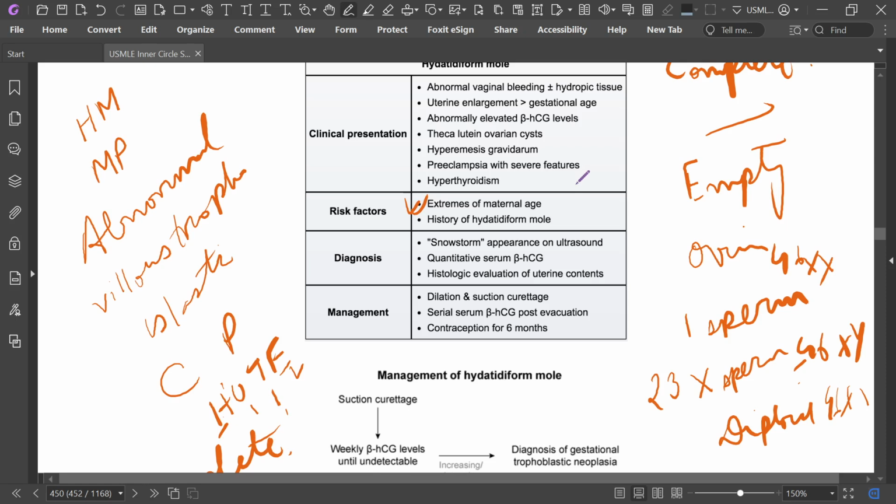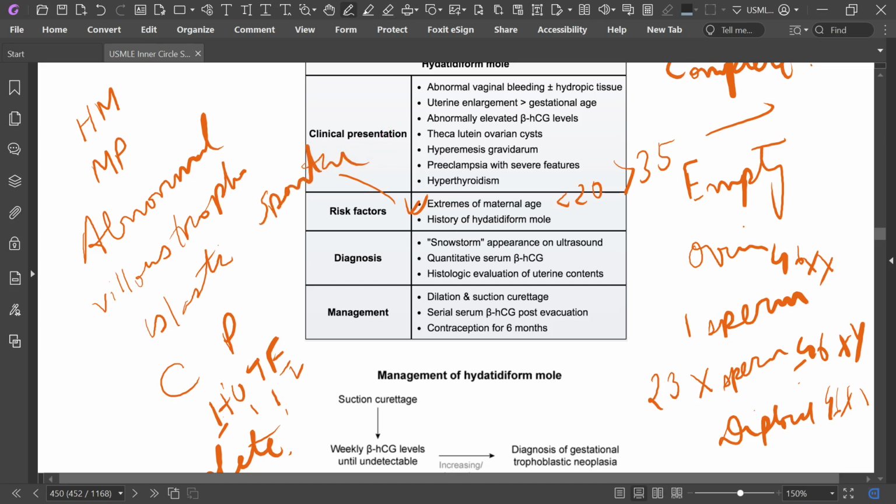Extremes of age, less than 20 or more than 35, a previous molar pregnancy, like a history of hydatidiform mole, and another risk factor, previous spontaneous abortion or infertility.